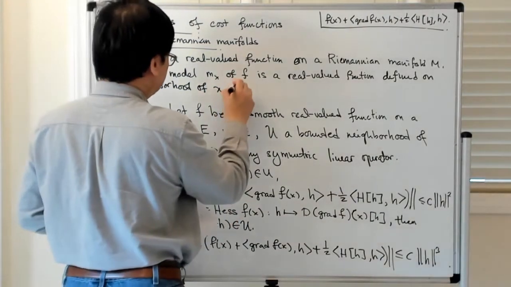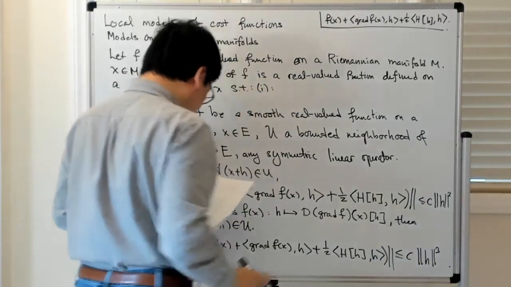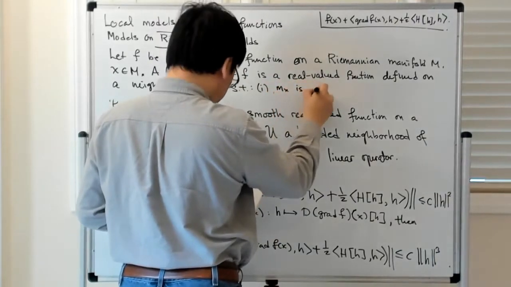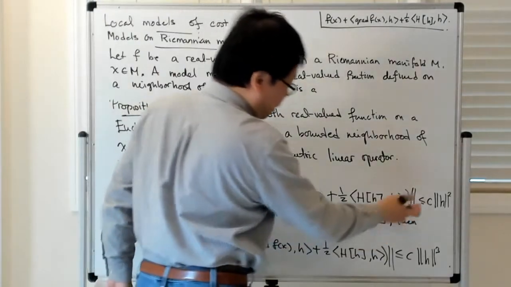Okay, such that two things happen. The first one is that m_x is a sufficiently good approximation of f, maybe in this kind of sense.